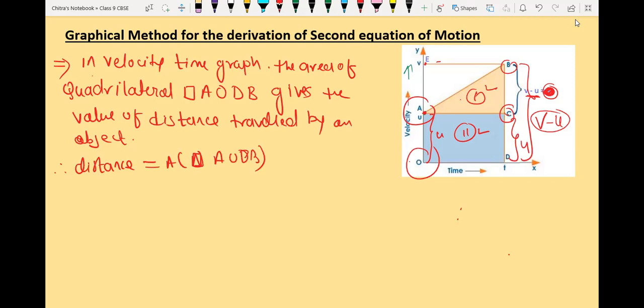Therefore, we can write distance equals area of triangle ABC plus area of quadrilateral AODC. Understood that, everyone? Yes, sir.